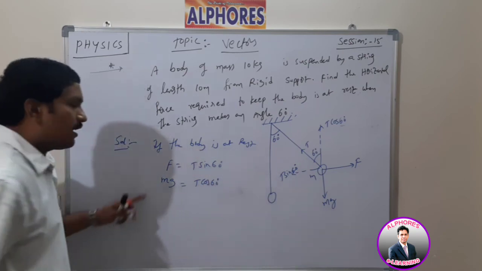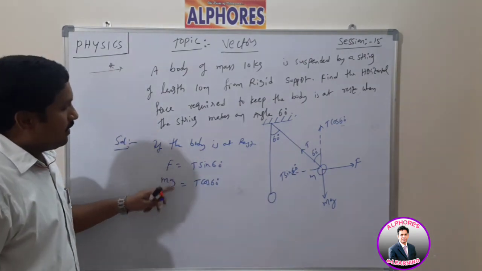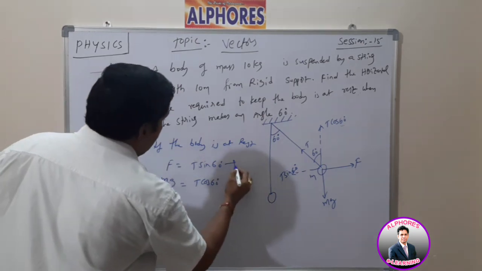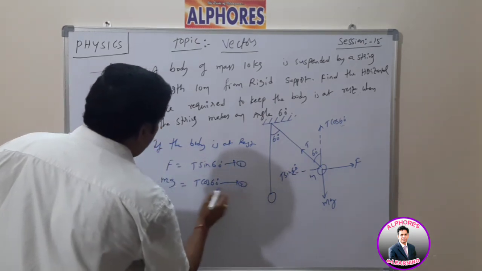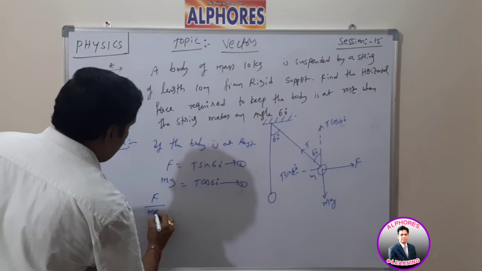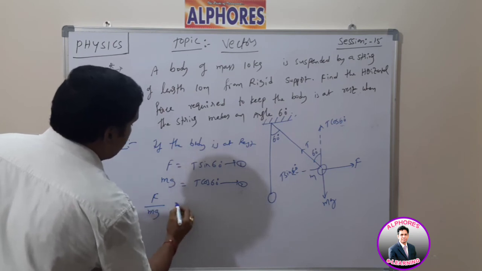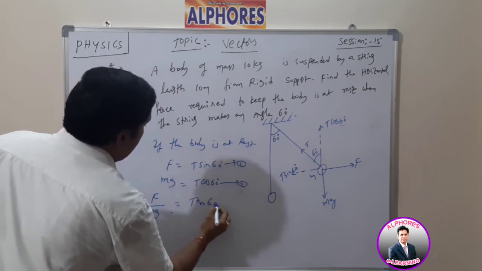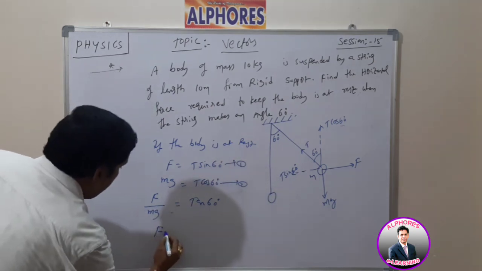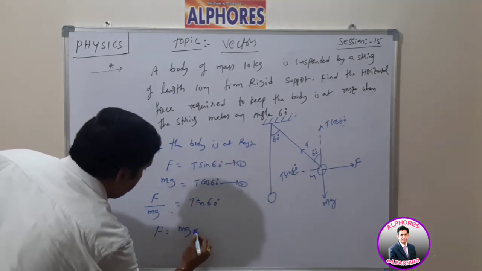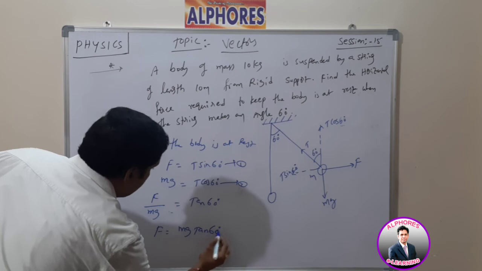Or otherwise you can take the indirect way: F is equal to mg tan 60. This is equation number 1 and this is equation number 2. So F by mg is equal to tan 60. In order to find the horizontal force, F is equal to mg tan 60.